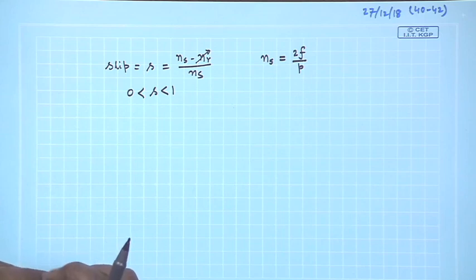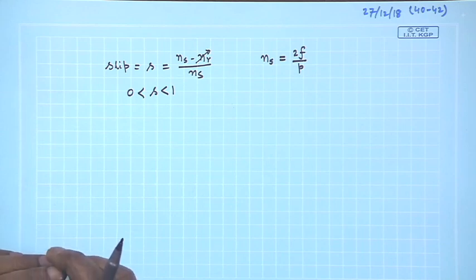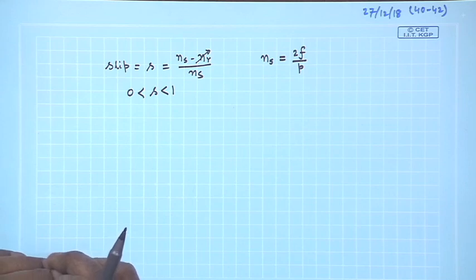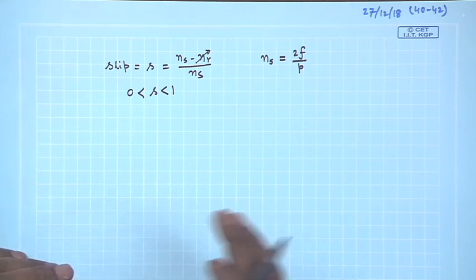due to friction. When we say that the machine is loaded, it means we are increasing that opposing torque, and in our last class I discussed how the machine will settle down to a final speed after you have started it from s equal to 1, s decreases and so on.